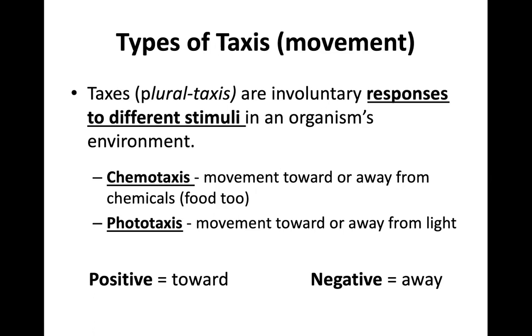A great example for phototaxis: if you turn on the light outside at nighttime, what happens? Bugs, right? Moths, because they flock towards the light. So is that positive or negative? Positive. Now, good old Kingston High School gym.